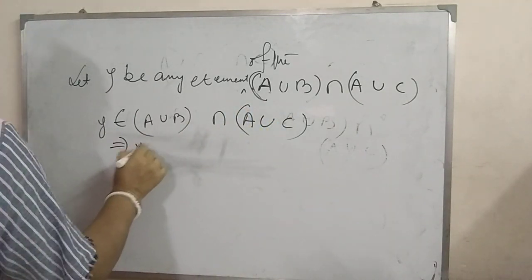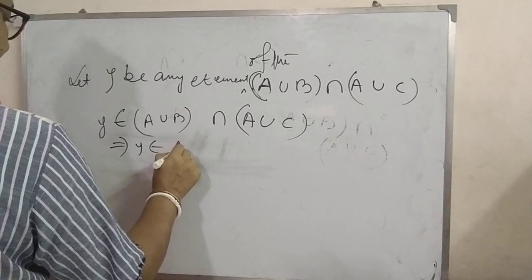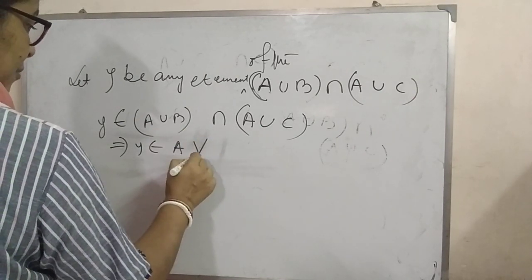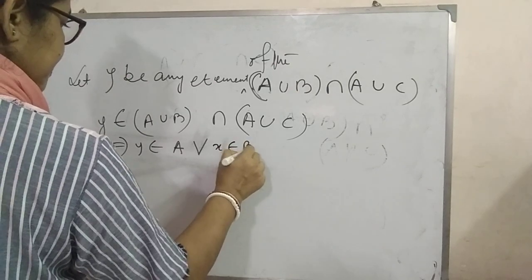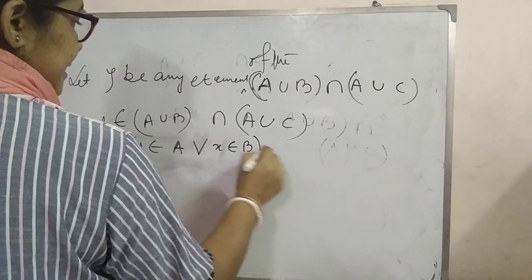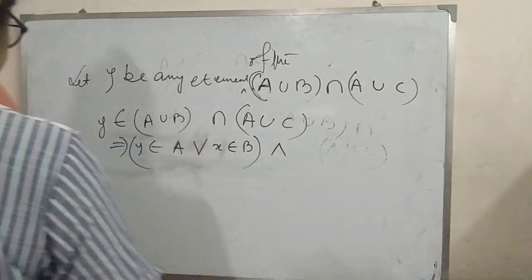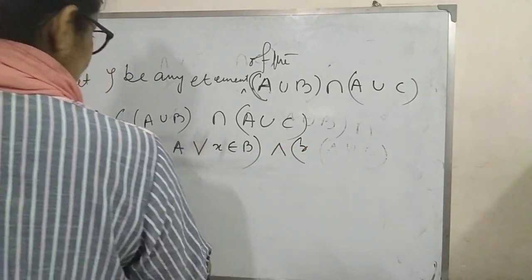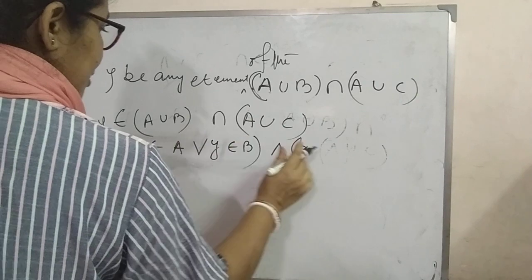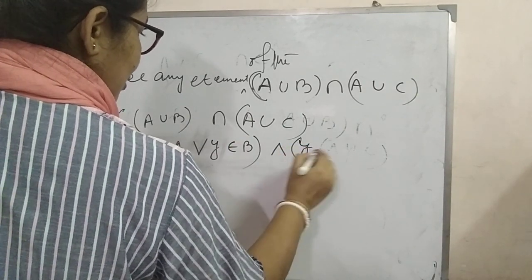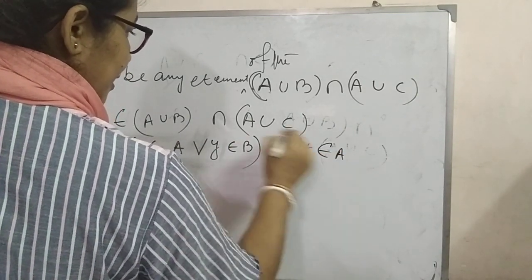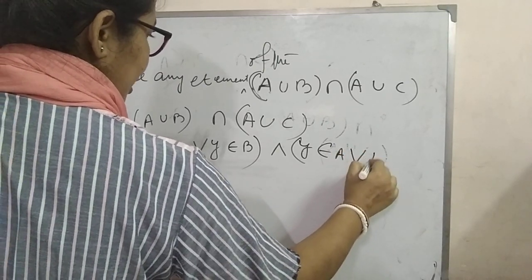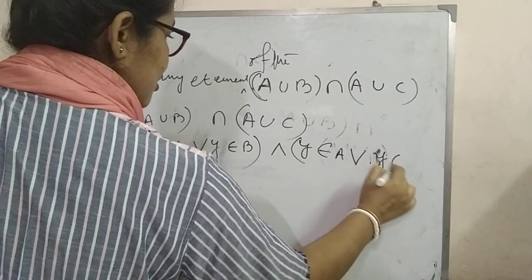That means Y belongs to A union, that means or, Y belongs to B. And this is intersection, that is, Y belongs to A union, that means or Y belongs to C.